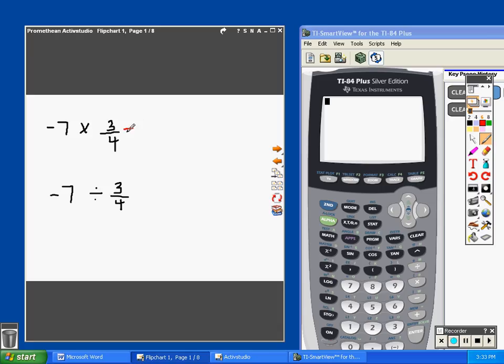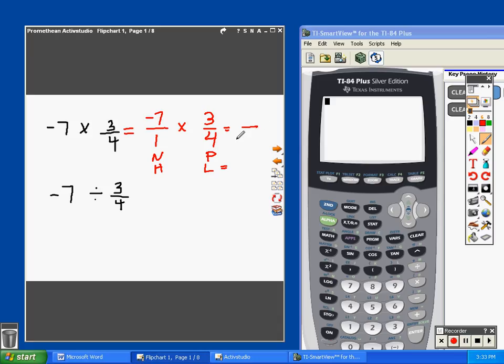Alright, here you go. This one, remember, is -7 times 1 times 3/4. So it's a negative times a positive, which means we hate to love, which is a bad thing. So that means your answer is going to be negative. And then to find out what it is, remember, you just multiply these two fractions.